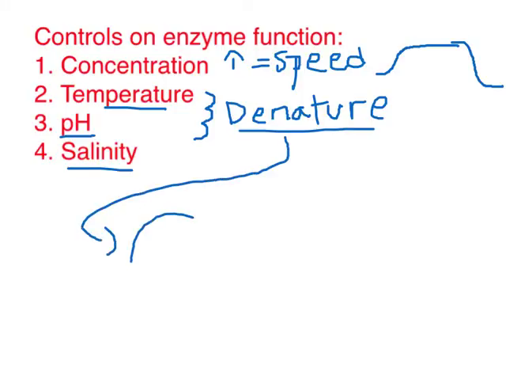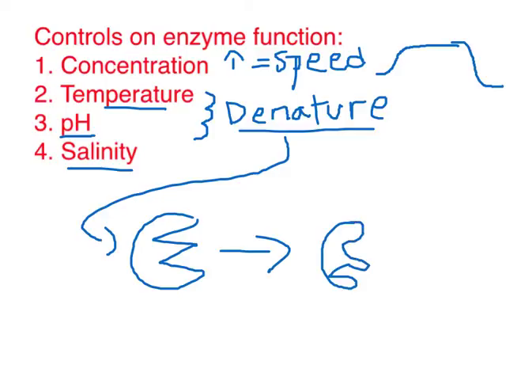So our enzyme that looked like this suddenly changes its shape and it looks like this. Okay, that's denaturing. So high temperature, low pH, or a lot of salt causes the bonds that are holding the molecule into this shape to kind of fall apart, and then the enzyme turns into something like this. And as you can see, this is no longer going to act on our substrate. So the enzyme is now effectively pretty much useless in this case.